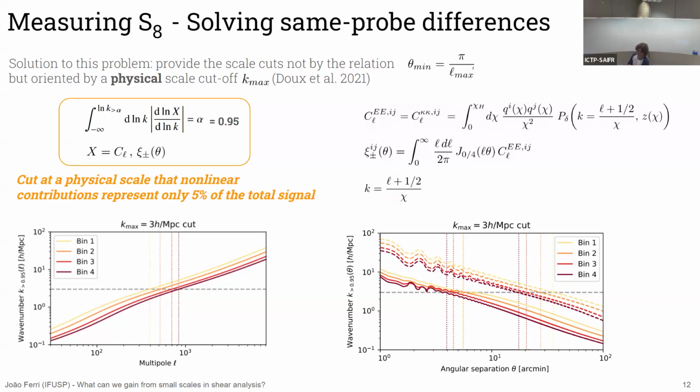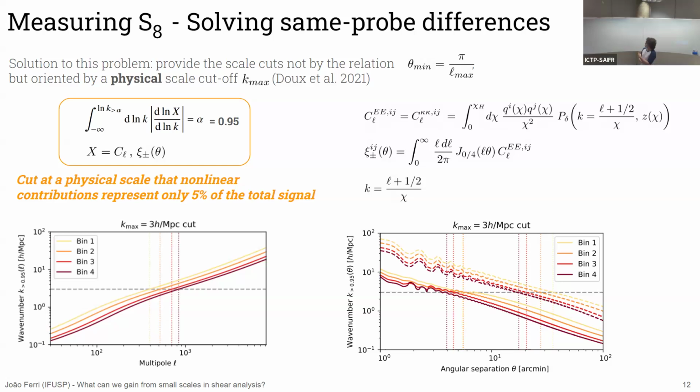I think it's decreasing, actually, because the closer you look, the more nonlinearities start to appear, right? So usually you want to cut further, like at higher values of theta, for example. The fourth bin is the closest one.